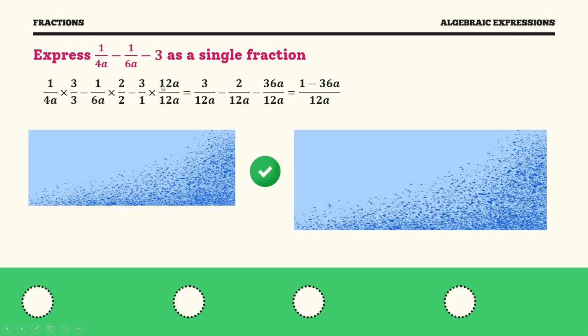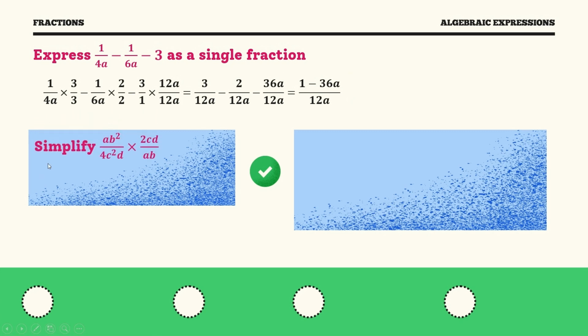We need to times it with 12a over 12a to make the denominator 12a. After we've got the same denominators, we can subtract the numerators. 3 minus 2 is 1, minus 36a, over 12a. So this is the result.